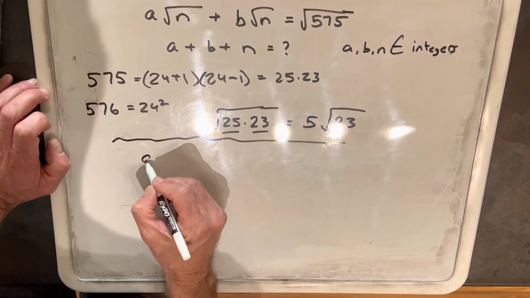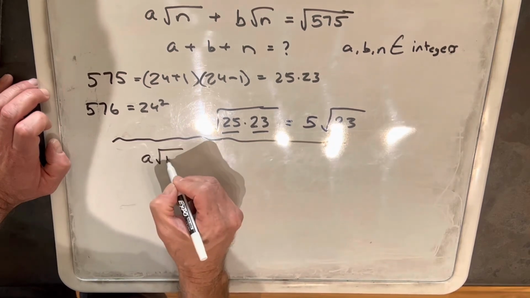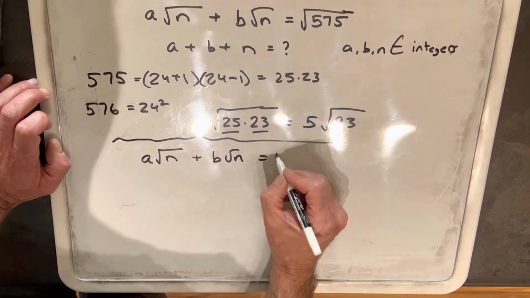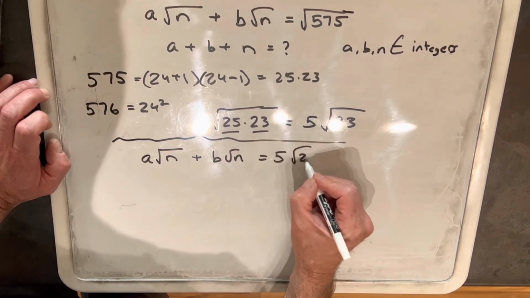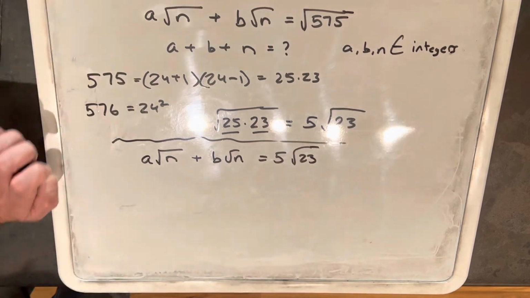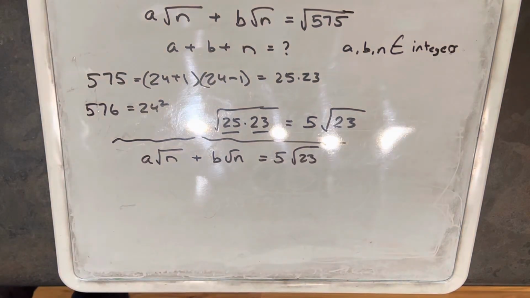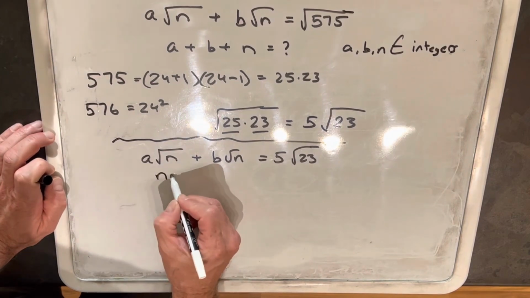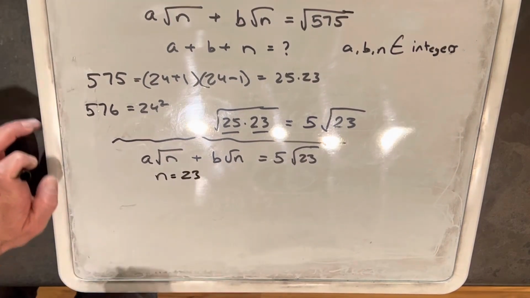So we have a times square root of n plus b times square root of n equals 5 times the square root of 23. Then just looking at this, let's assume that n is 23. We'll just assume that to start.